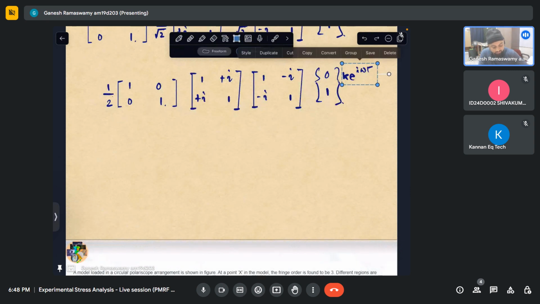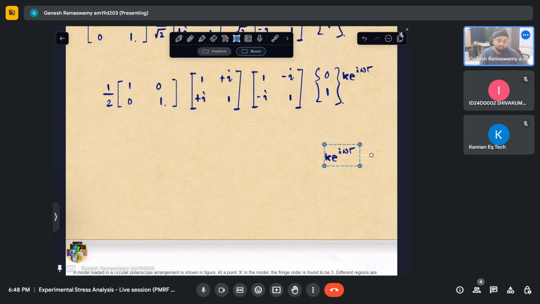I don't need to expand this, because whatever the background light is, I just need to find out whether it will be transmitted or cut out totally. So I just keep it like that. And then let me multiply these two quantities. So what does that come out to be?